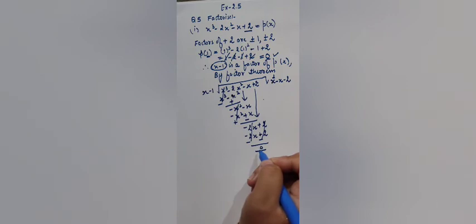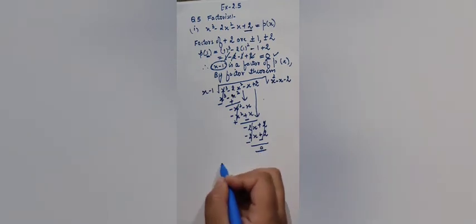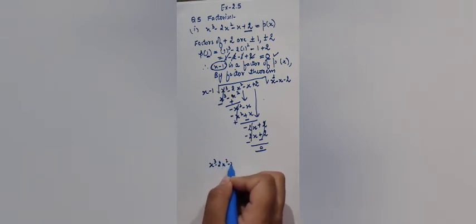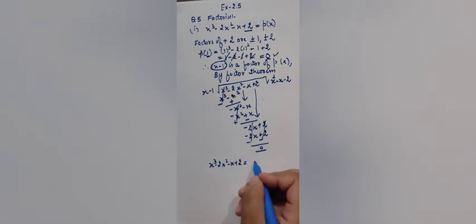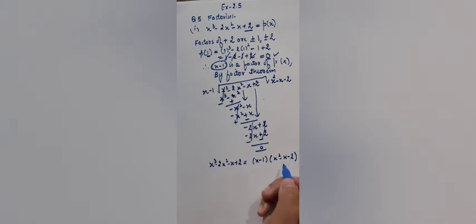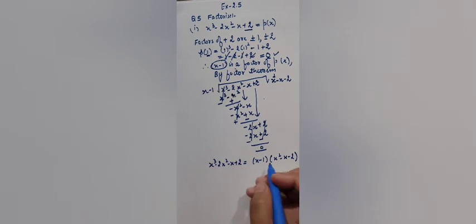So students, after this I will say that x cube minus 2x square minus x plus 2 is equal to x minus 1 into x square minus x minus 2. Why? Because you know that dividend is equal to divisor into quotient plus remainder.